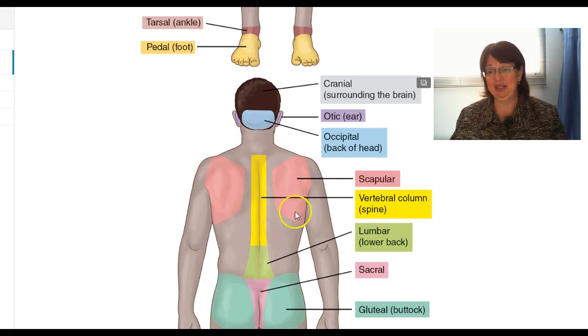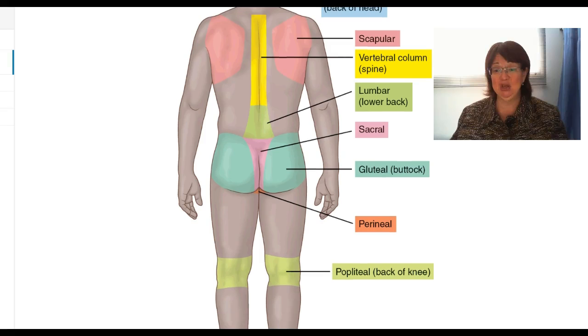Scapular is where your scapula is. Your vertebral column. Your lumbar is your lower back. Sacral has to do with your sacral vertebrae. Gluteal is your buttocks. Peritoneal is the area in between your urethra and your anus.